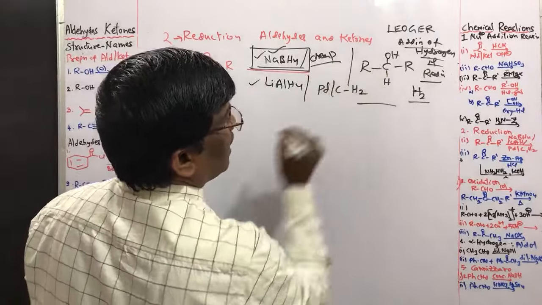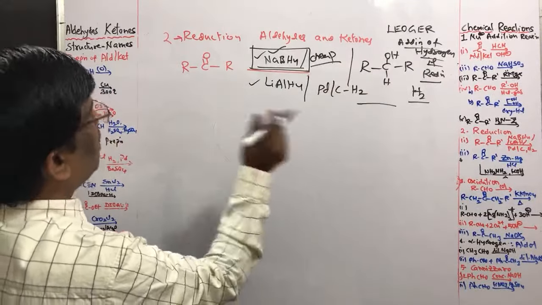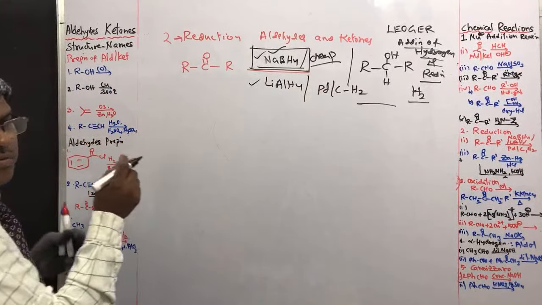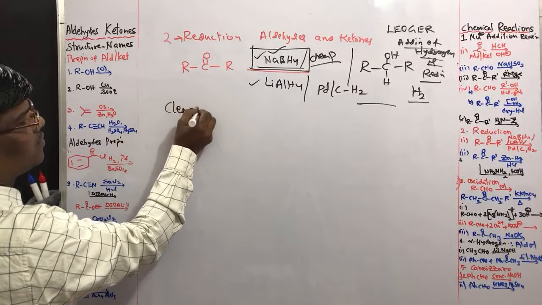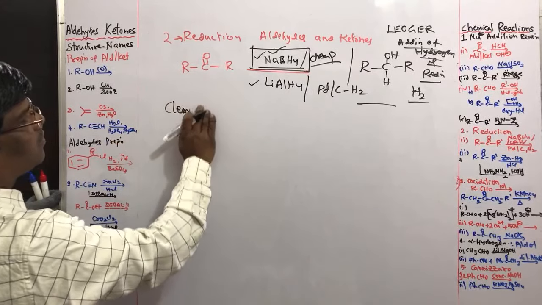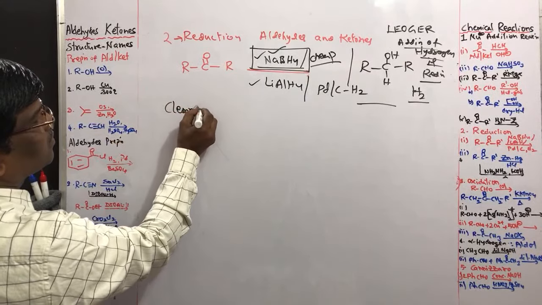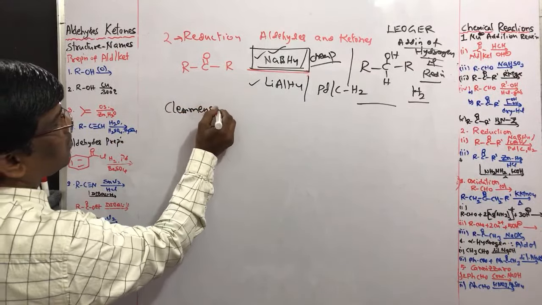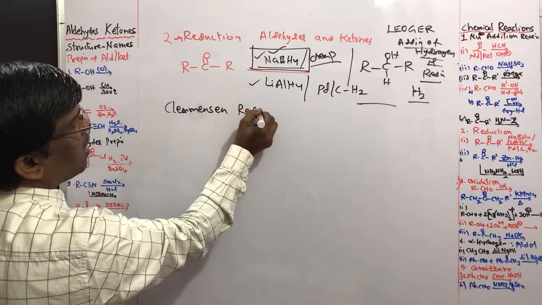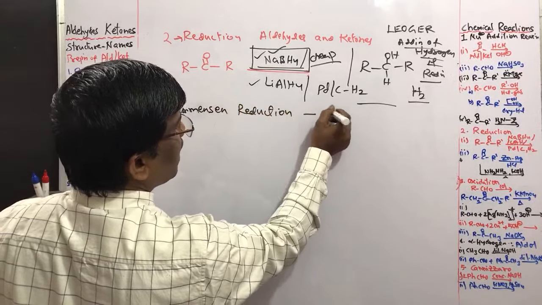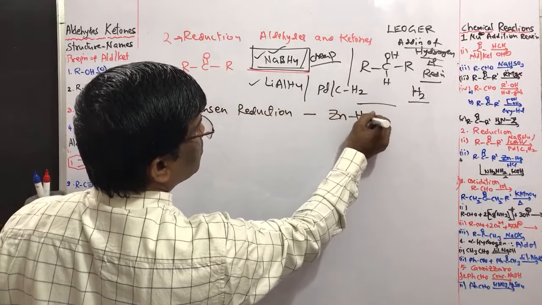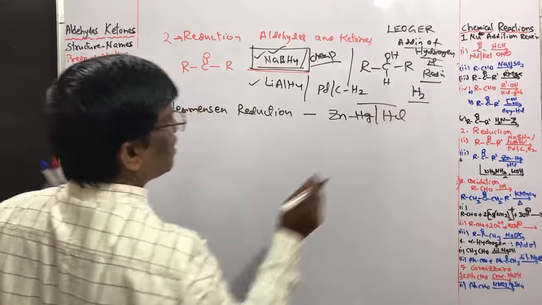Yes students, next. There are two name reactions given to you. The first is Clemmensen reduction, where you use an acid catalyst, in acidic medium, zinc amalgam in the presence of HCl.